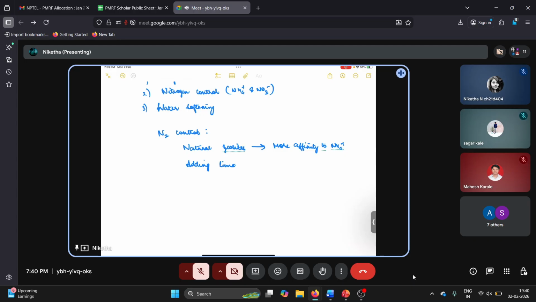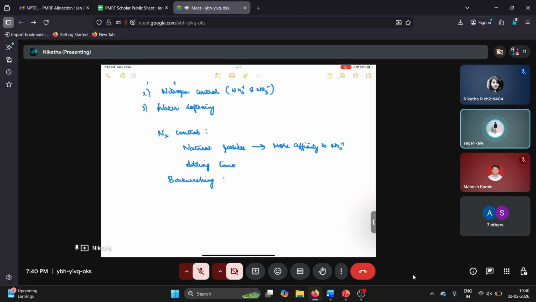So can someone explain what is backwashing? It is closely related to the counter current flow that we just saw. Backwashing means rinsing of the filter or any membrane.